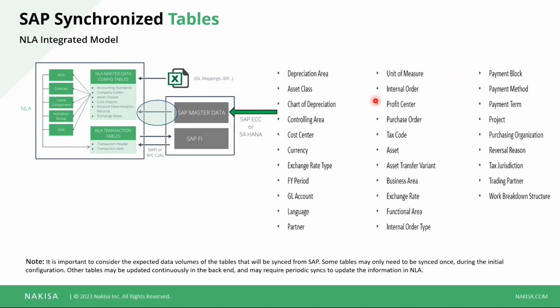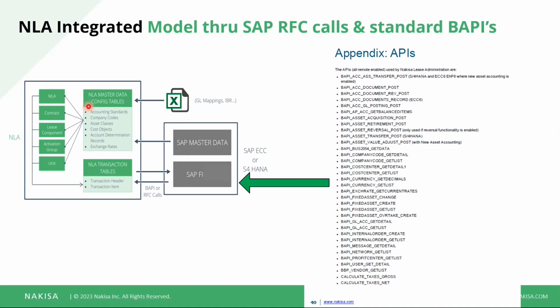This information will come through the software protocols that we use. Those belong to SAP, by the way, the BAPIs and RFC calls. We reuse the regular BAPIs that we have in SAP to get that information into our master data.